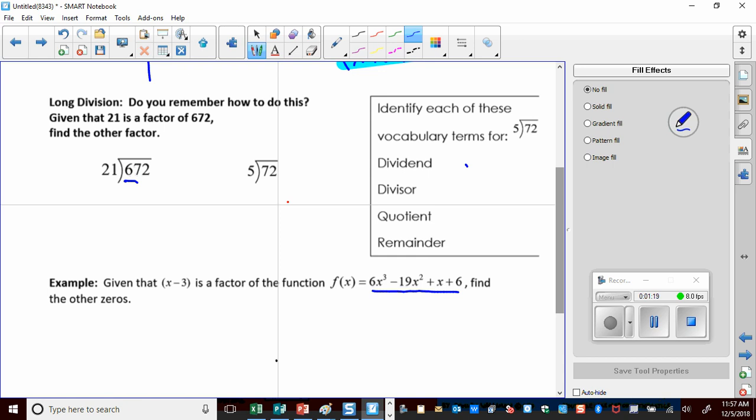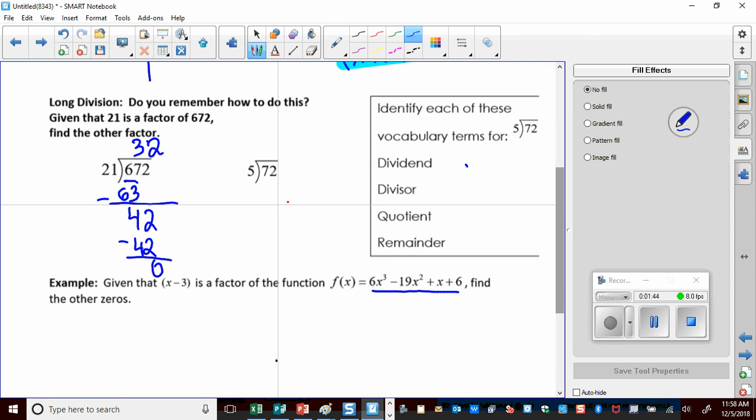This is a divisor, and inside is a dividend. So how many times does 21 go into 67? It goes in 3 times. You bring down a 63 here, right? Negative 63, it becomes negative. 42 comes down. And then how many times does 21 go into 42? Twice. 2 times 21 is 42. So if my remainder is 0, it's perfect.